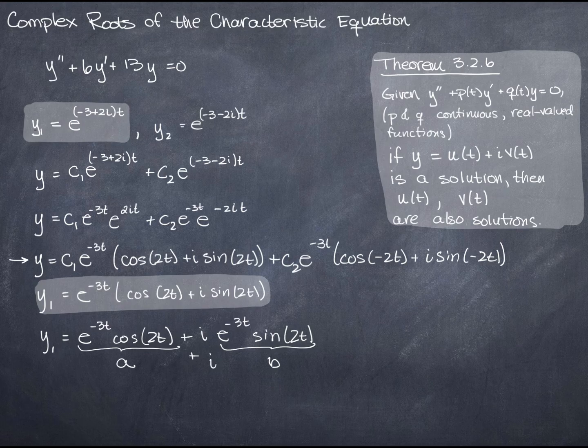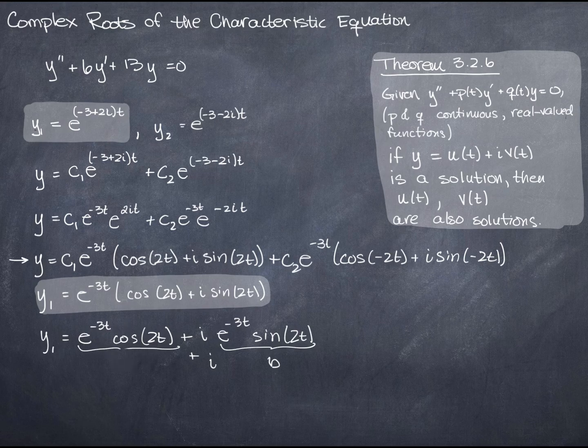I have a complex number. I don't know what t is yet. At the moment, t could be anything in the domain, but the idea is that I have a complex solution here, and more importantly, I have a solution in this form. It's y1, but it's a function of t plus i times another function of t. So this function of t is my u.